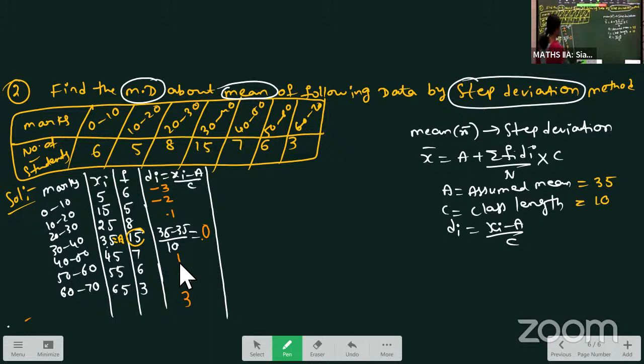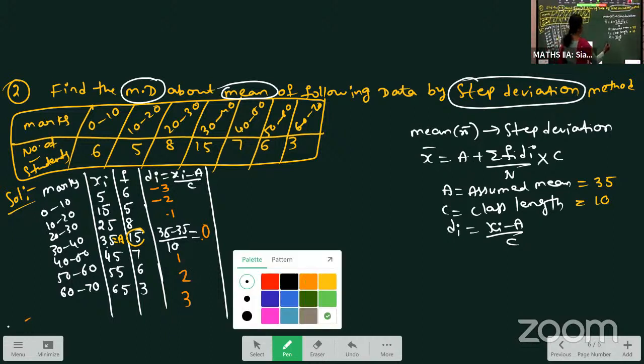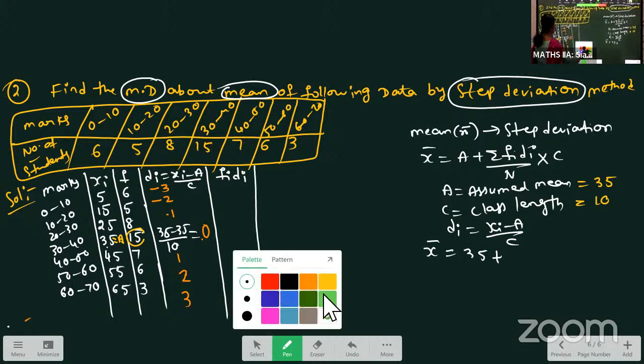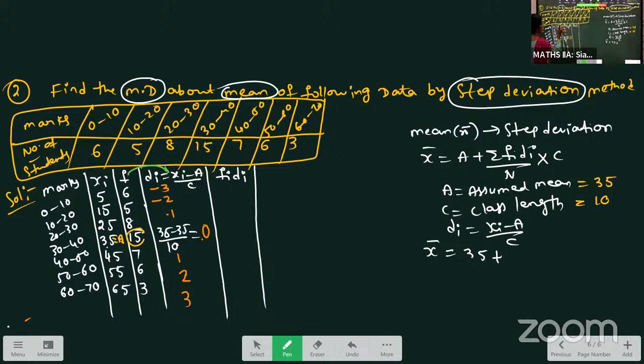Now go to mean. X bar is equal to A, which is 35, plus sigma Fi di we want. Next column Fi di. Identify Fi and identify di. Then multiply both of them. So these two columns we have to multiply.